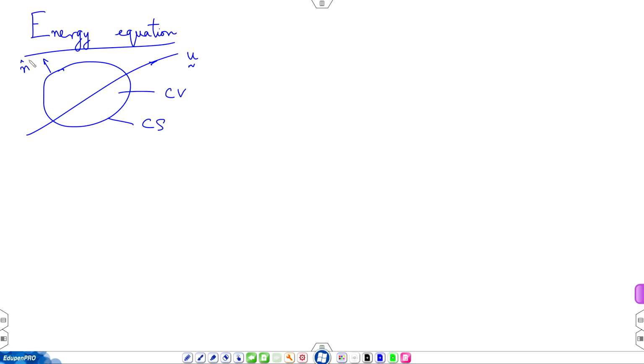Foundation of energy equation would be the first law of thermodynamics. What about the second law of thermodynamics? I will comment on it probably in the next class.